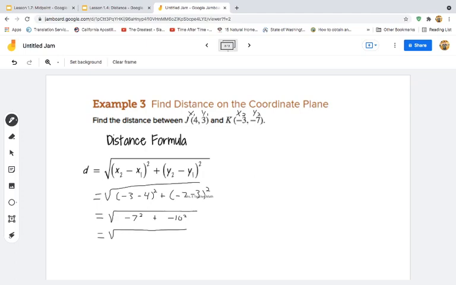So when we have negative 7 squared, negative 7 times negative 7 is a positive 49. Plus negative 10 times negative 10 is a positive 100, like that. Okay. Now from here we just add these together. So we have the square root of 149.